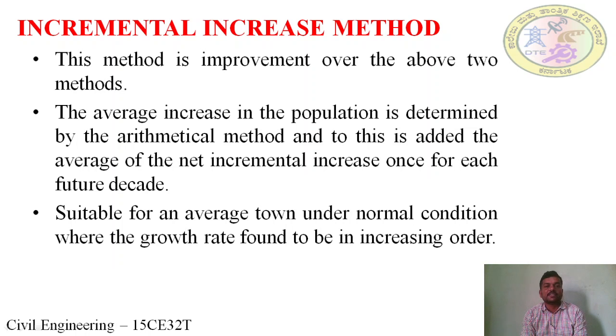So this method is a combination of the geometrical as well as the arithmetical increase method. The incremental increase method is suitable for an average town under normal conditions where the rate of growth is found to be in increasing order or in rising order.